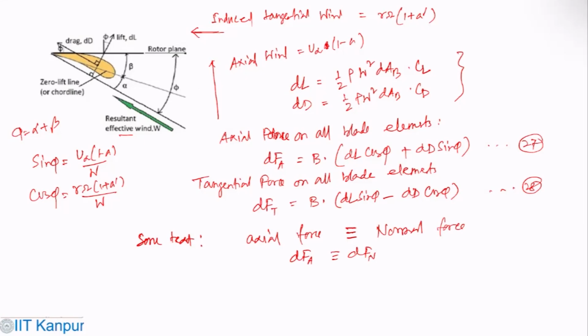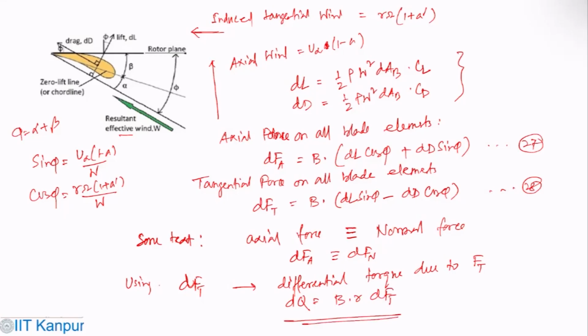But then also one can find, using dFt, the differential torque due to this Ft, which is dQ equals b r dFt. So this one can also write down.